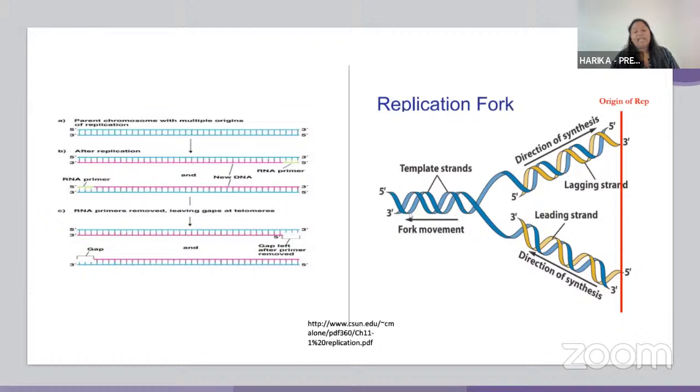As I have told you, helicase starts unzipping or breaking down the DNA. Primase comes here and binds, and along with primase, DNA polymerase binds and starts forming its bond.